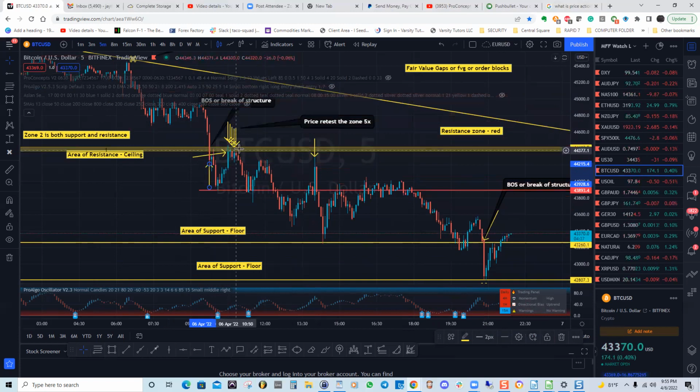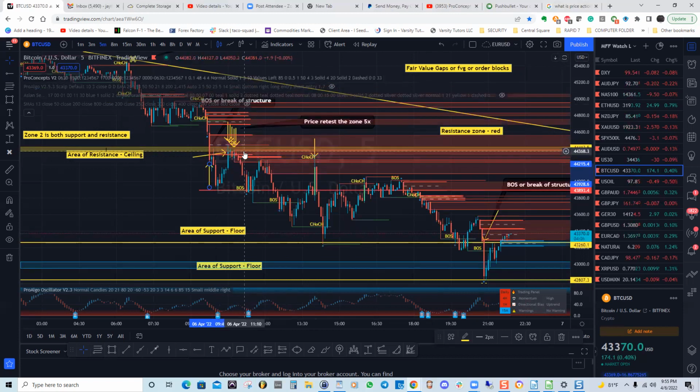So this would have been an entry right here because we have rejection. We'll be looking for a sell in this area because price came back into the zone. If I flip on the indicator, it shows that it came up in the red order block area, the FVG.